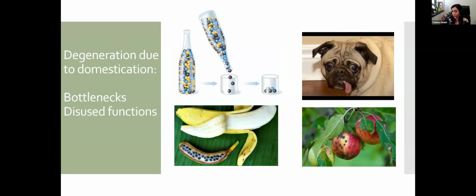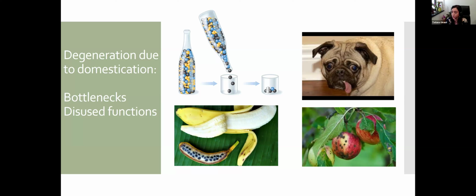But we also know that domestication can have some drawbacks, especially when there is too strong a selection. There is a strong bottleneck, and deleterious alleles can be dragged along with the beneficial ones. For instance, in some dog breeds, they cannot reproduce by themselves anymore, and often they cannot breathe properly anymore.